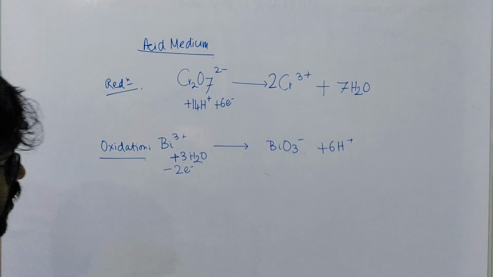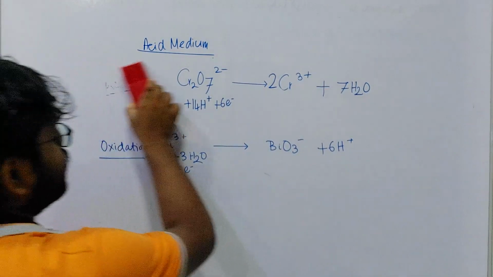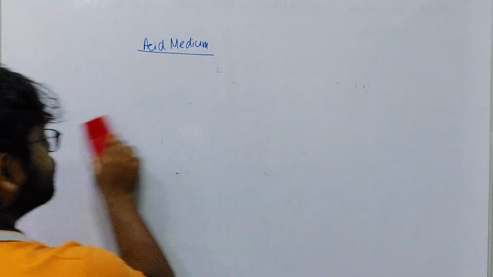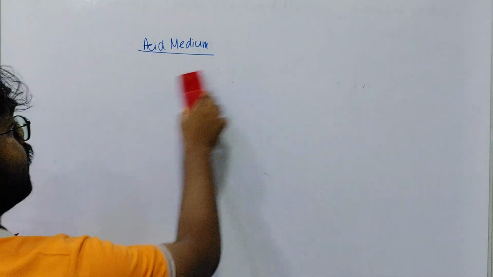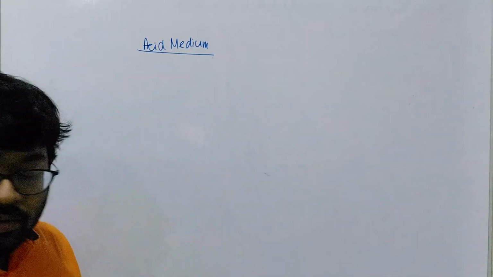The first reaction that we need to balance is this one. Let's erase this. Now we have learned the method, and I hope we can balance a chemical reaction quite easily in acidic medium. So let's take an example, and see what is the entire method of balancing a redox reaction.